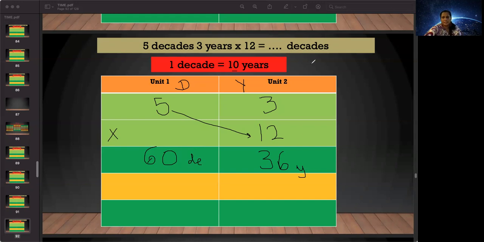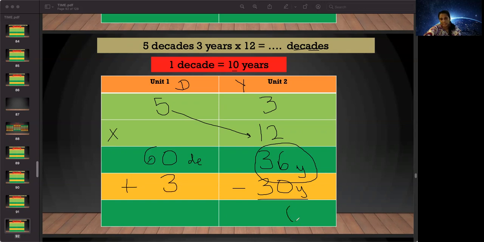However, our answer is only asking us in decades. So we need to see how many decades your 36 years makes up. If 1 decade is 10 years, 36 years will have at least 3 decades, which is 30 years. You take it away and add 3 decades into your decades column.